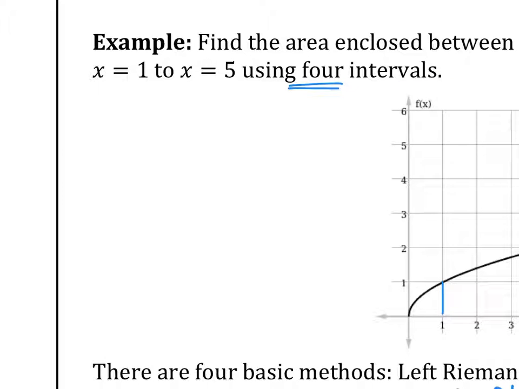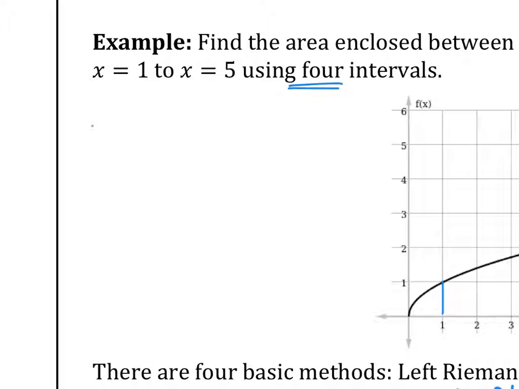So the question is, how wide is each rectangle? 1. How did you know it was 1? So between 1 to 5, divided evenly into 4 intervals, each one has to be 1 long.